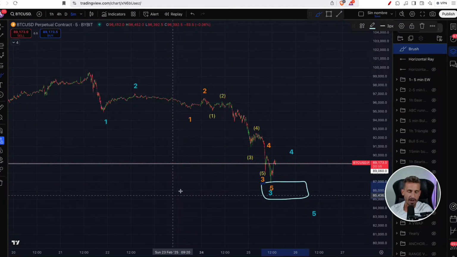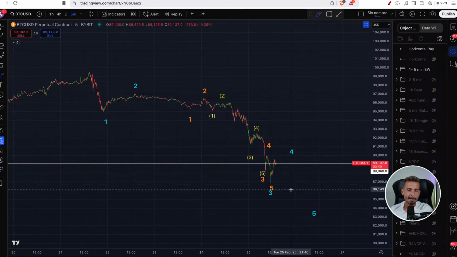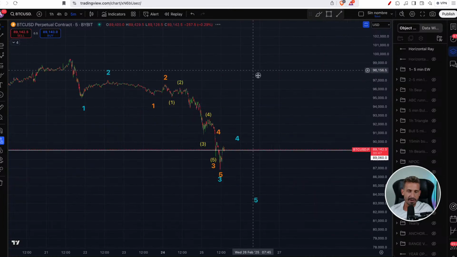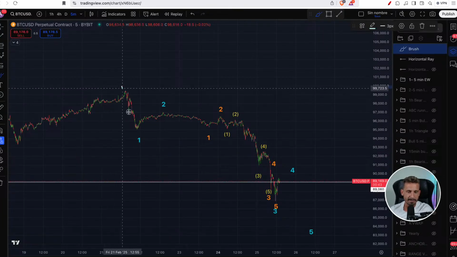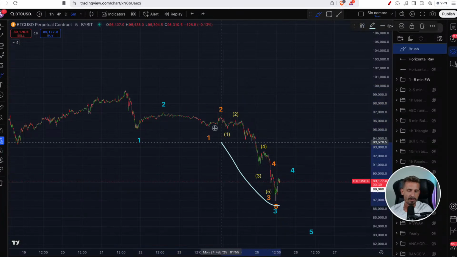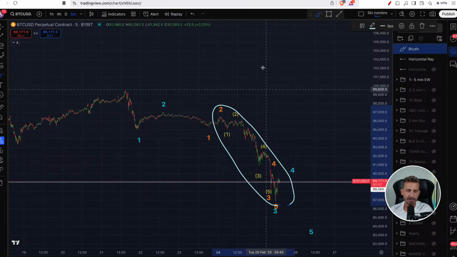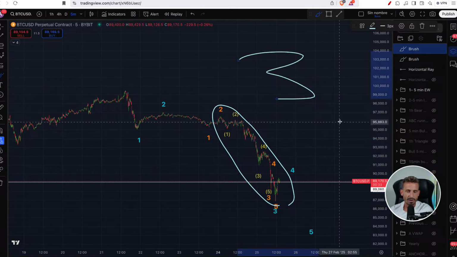That would be quite aggressive, quite painful, hard to manage for many bulls, right? But if you believe that we're going down to $70,000 today or tomorrow, it's highly unlikely based on the strong impulse that has happened already. We've had the strong movement down, which is usually either a third wave or a C wave.